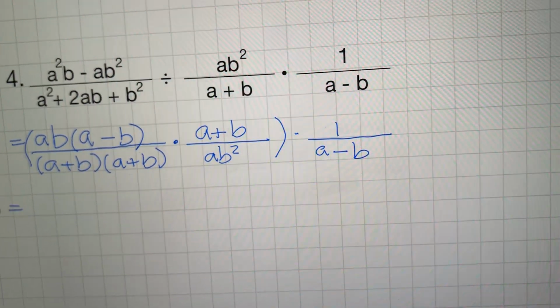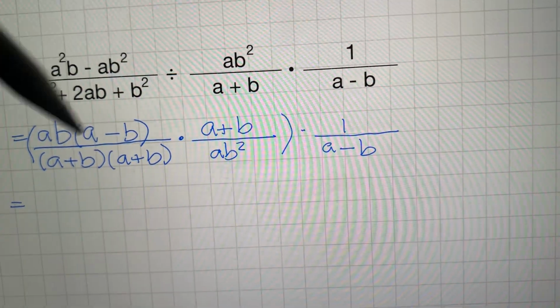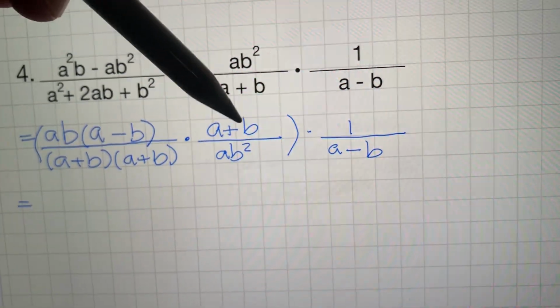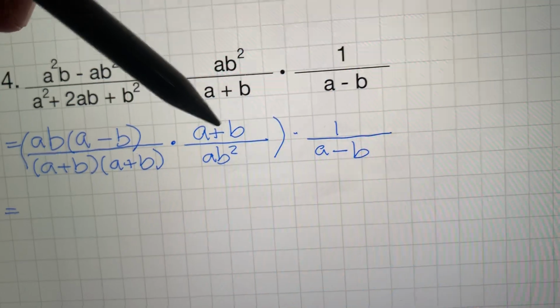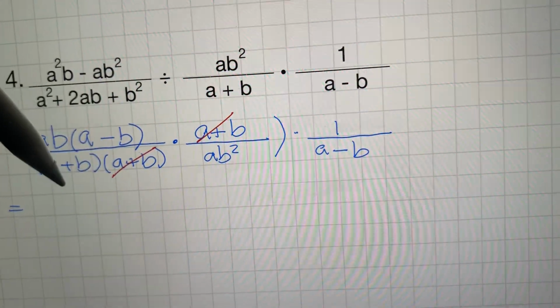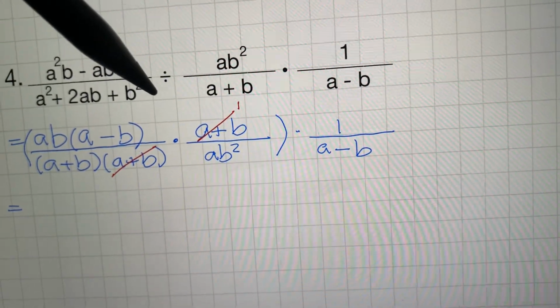Now, when I multiply these together, I notice that I have an a plus b term here, which cancels with one of these a plus b terms because it becomes 1.